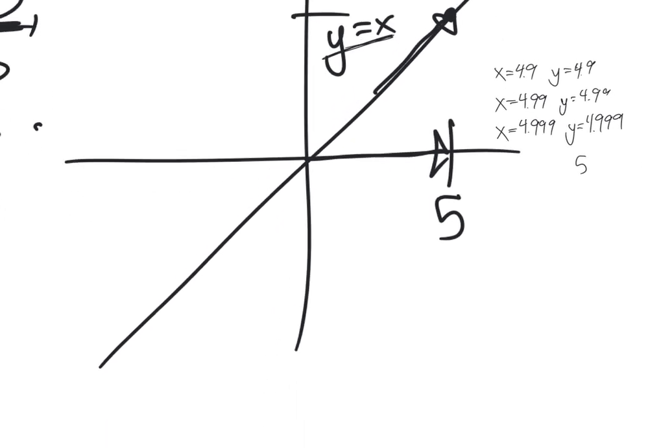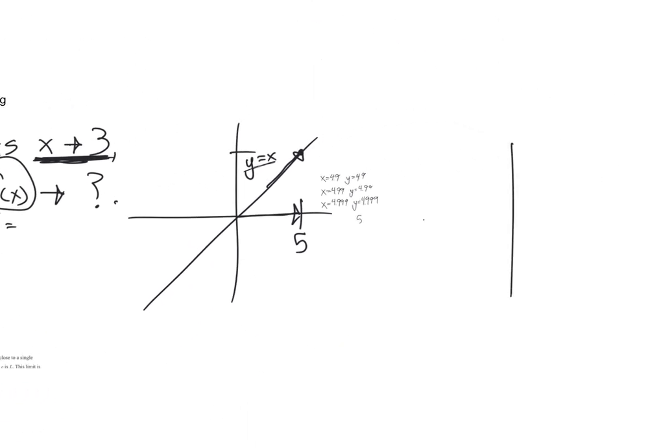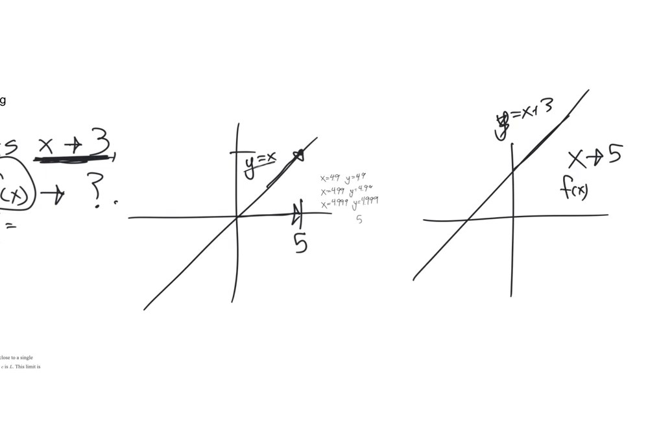Now, if we had a function, let's say y equals x plus 3, as x approaches 5, what is this function? Sorry, let me use function notation here. What is this function getting closer and closer to?